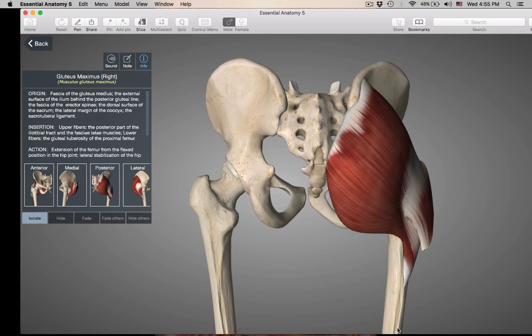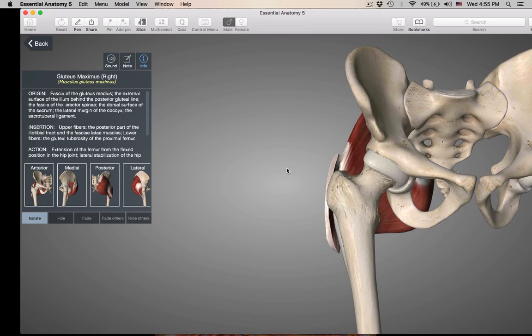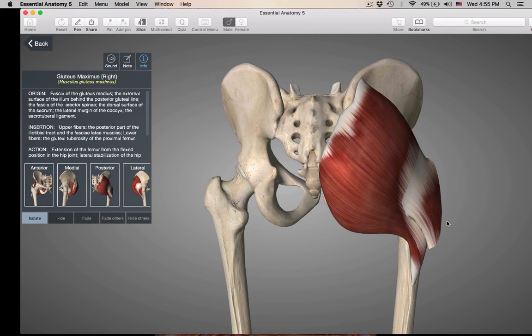So if you just hold on to your gluteus and then you do hip extension, you can feel that big gluteus maximus contract. So I want you to put gluteus maximus under one of your hip extensors. It only crosses one joint, so it is only having action at the hip joint. So that's the gluteus maximus.